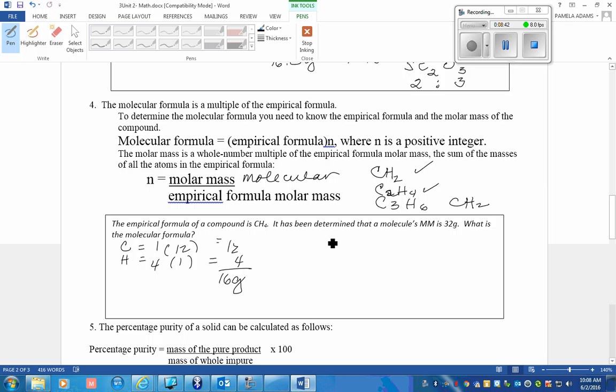We take the molar mass of the molecular formula divided by the molar mass of the empirical formula to get our n value, our multiplier, and our multiplier is 2. So we take the empirical formula and we multiply the existing subscripts by the multiplier to give us the molecular formula of C2H4.